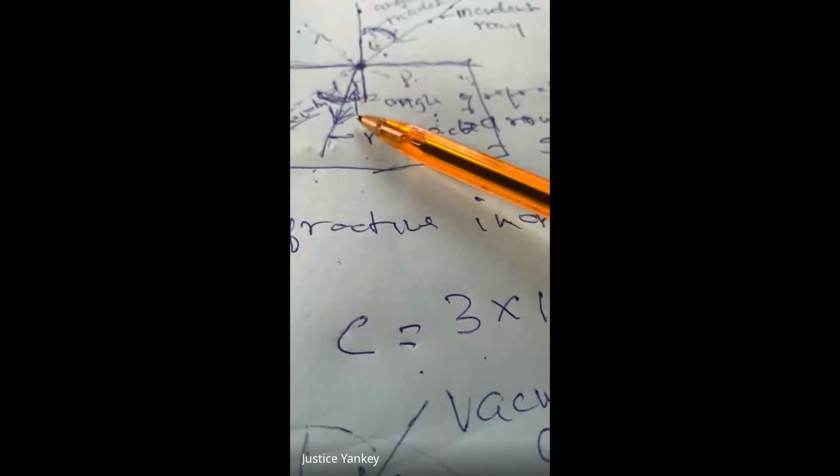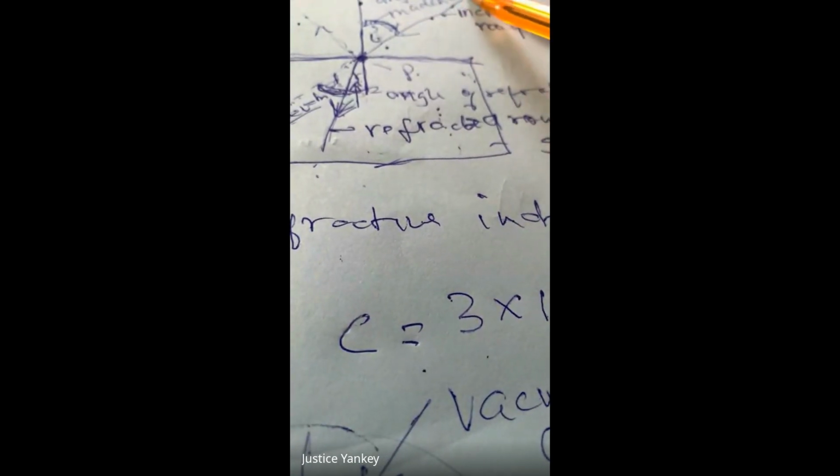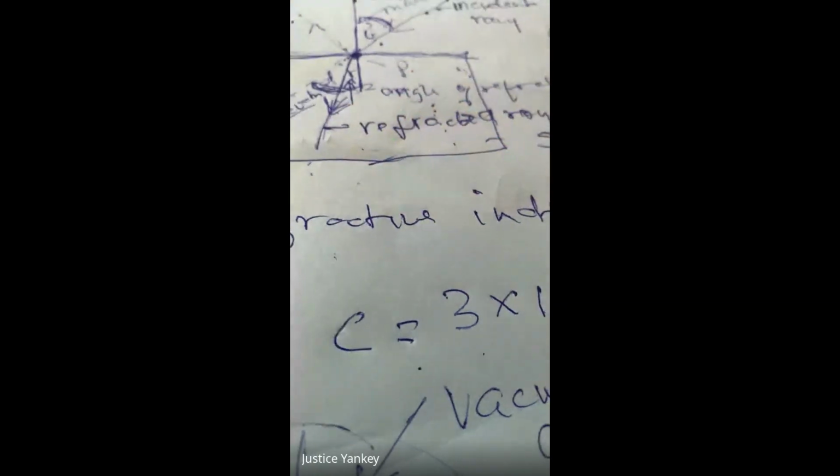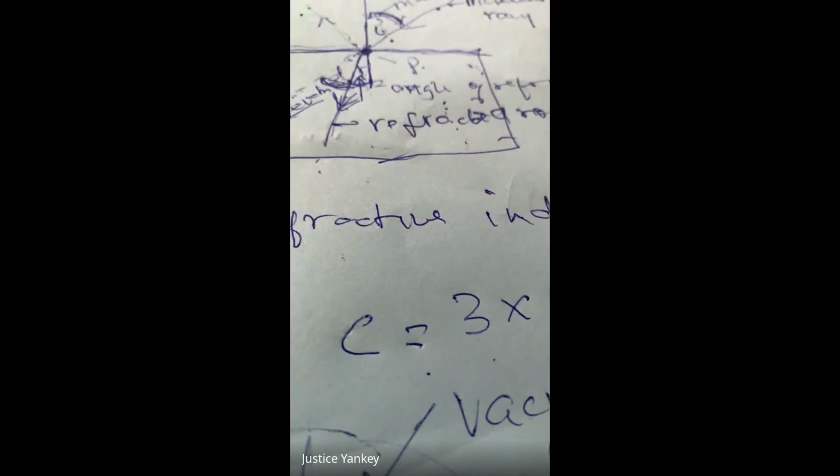If this material is water and you let light pass from vacuum into water, and you measure this angle I and you measure this R, and you calculate sine I and sine R, and you divide sine I by sine R, your answer is the same as the refractive index of water.